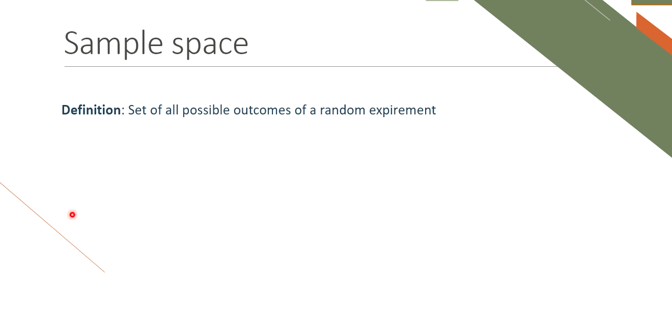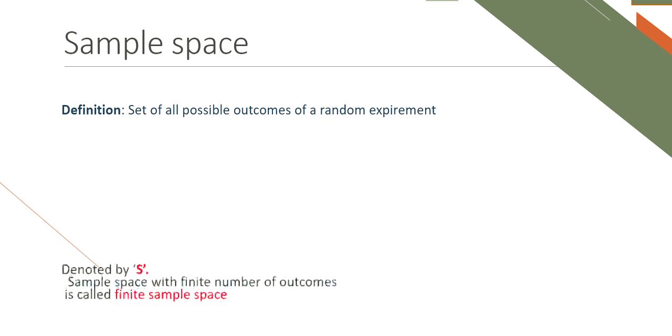So next comes the sample space. You know what probability is: the occurrence of an event. What is a sample space? Sample space is a universal set: the set of all possible outcomes of a random experiment. As I said, the set of all possible outcomes is nothing but like a universal set.